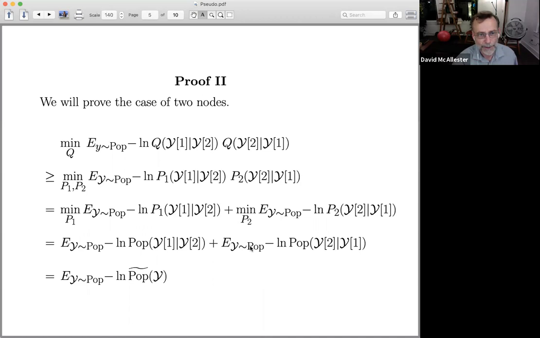When I minimize over P2, I get the population. And now when I recombine this into the product of those 2, I get the pseudo likelihood of the population. So what I've argued is that yes, the pseudo likelihood objective of the population is always less than or equal to any other distribution, or this minimizer. So I find this to be a reasonably compelling justification.